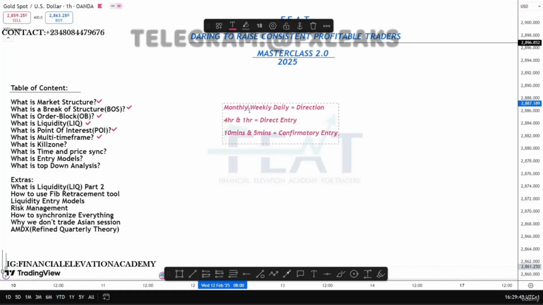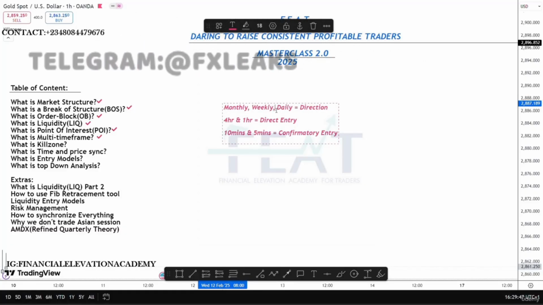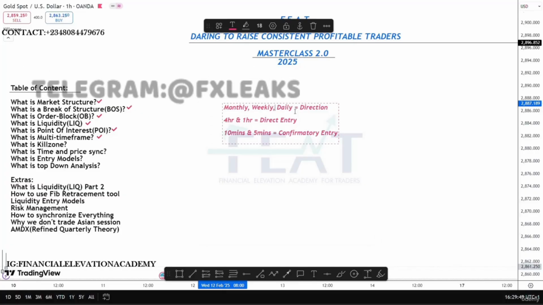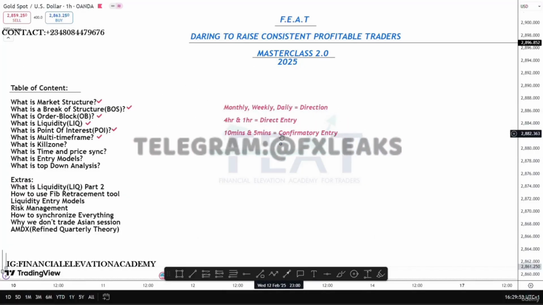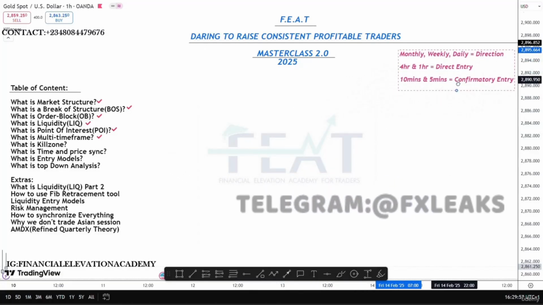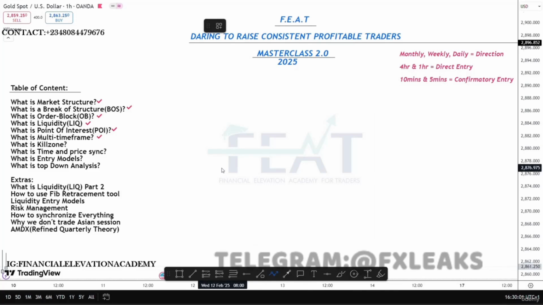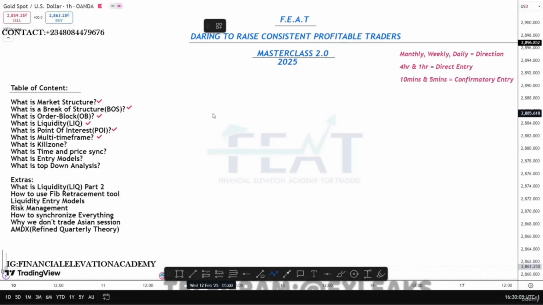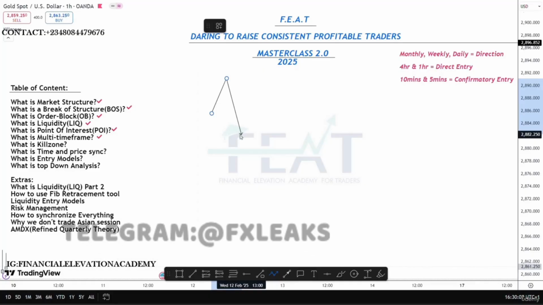Now, like we said earlier, the monthly, the weekly, and the daily, we use it to get direction. Now, what does this mean? I'm going to have it put on this corner and then we're going to explain more on it. So, let's say we see the monthly do something like this, a sell break of structure.